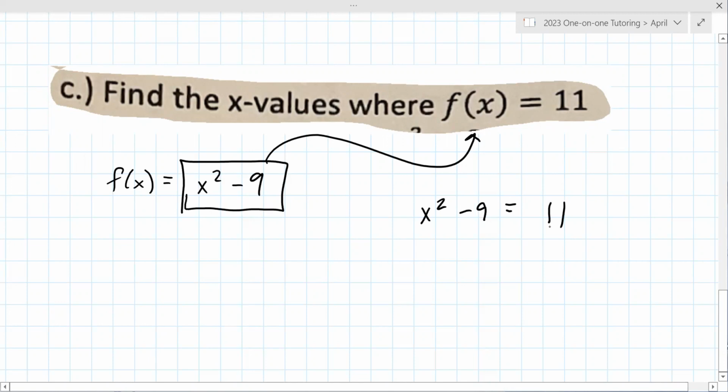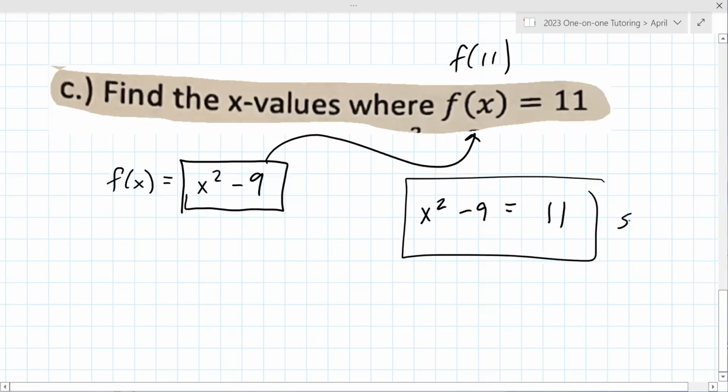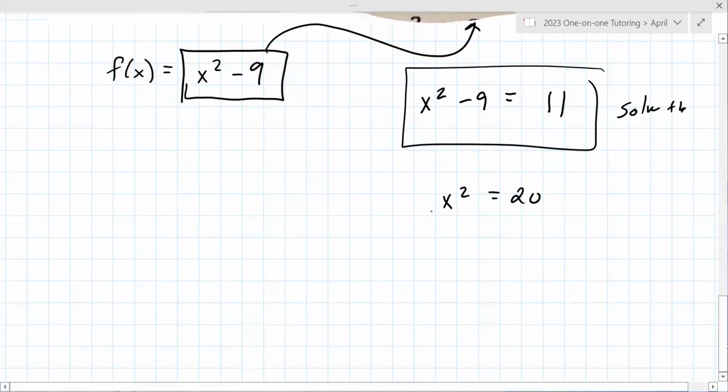You don't plug in the 11, that would be f of 11. What I've boxed in here is your new equation. You have to solve this. So add 9, x squared equals 20. Take the square root of both sides, plus or minus.